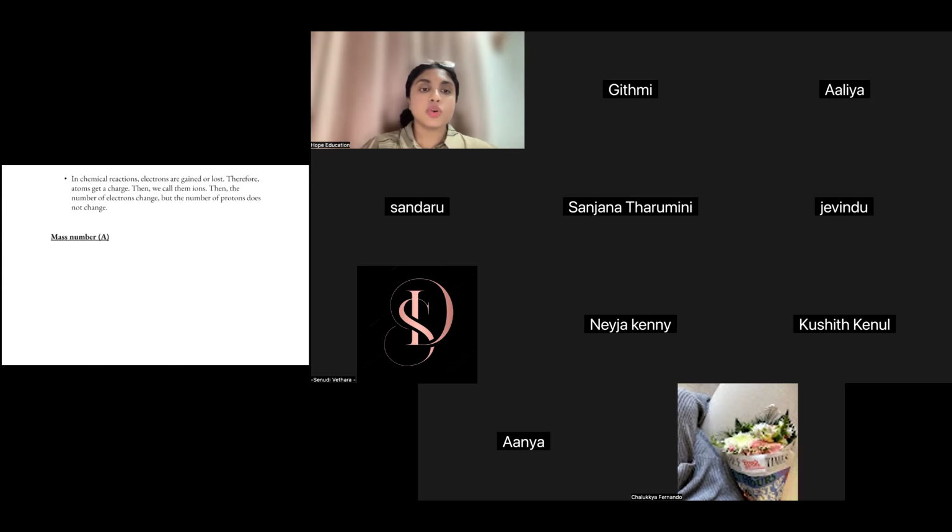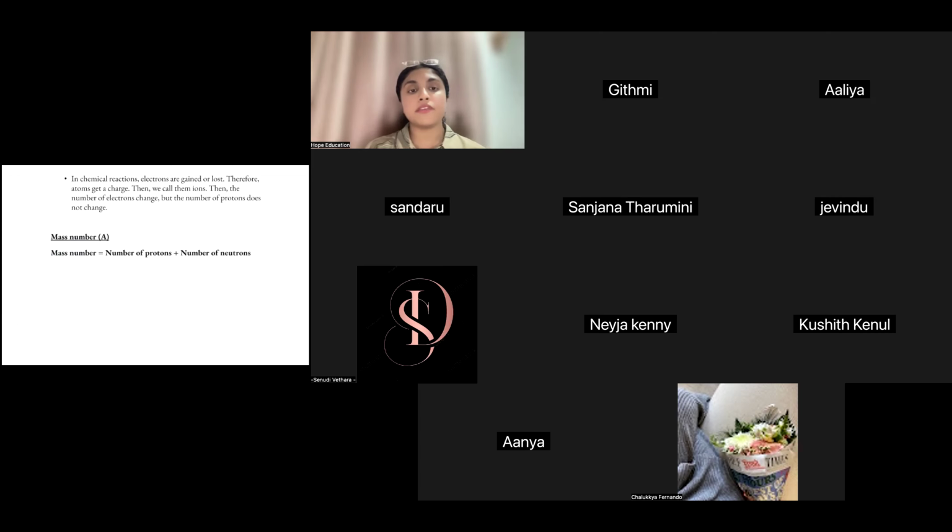Okay. So for any element, this is how we find the mass number. In that element, if you take an atom, when you add the number of protons and the number of neutrons, you get the mass number. Mass number means the number of protons plus the number of neutrons, right?